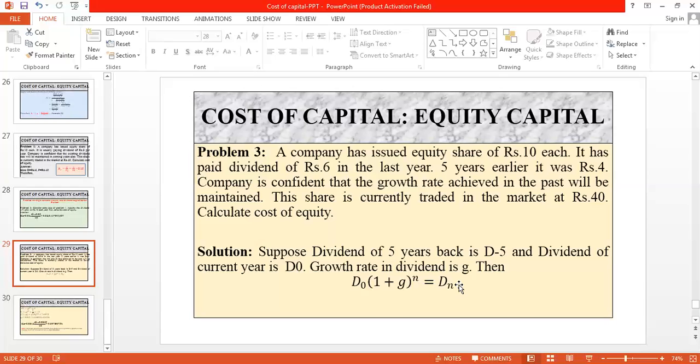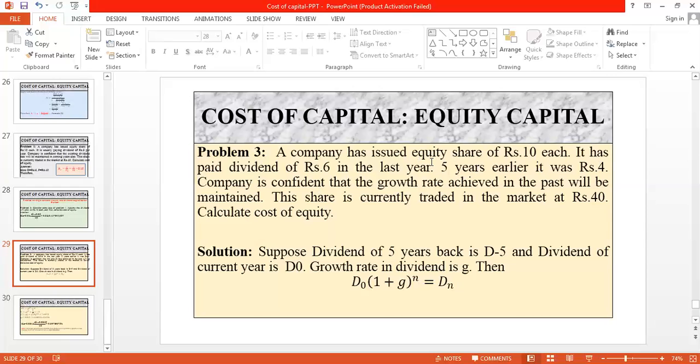Let us see problem number 3. Here the company has issued equity shares of rupees 10. It has paid a dividend of rupees 6 in the last year. So this question is the same as we have seen in problems 1 and 2. Now, 5 years earlier, it was rupees 4.